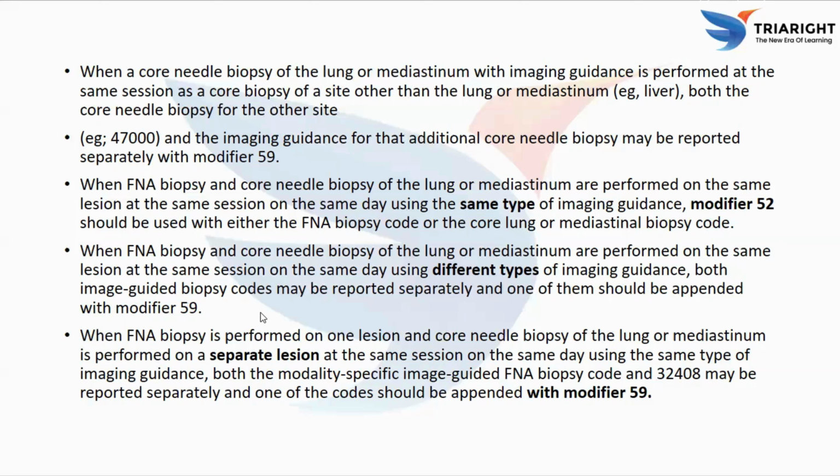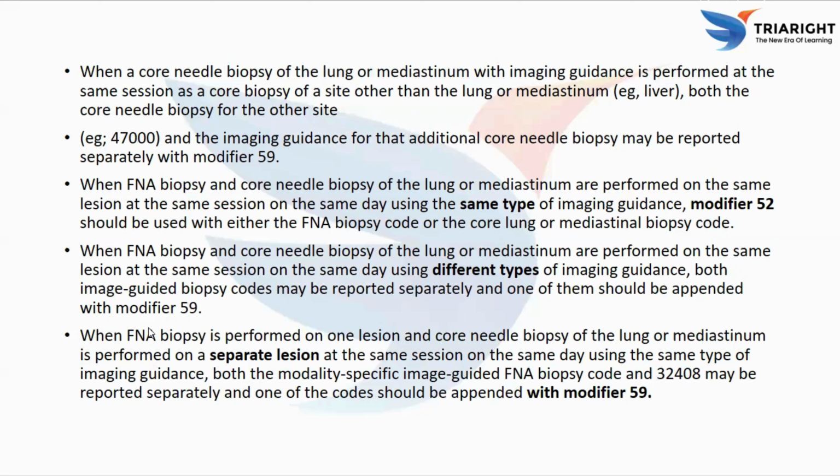Scenario 3. FNA biopsy plus core biopsy on the same lung lesion using different types of imaging guidance. You report both biopsy codes here and append modifier 59. Why modifier 59? Because there are different imaging methods, a distinct procedural service. These are not bundled because the techniques are different.